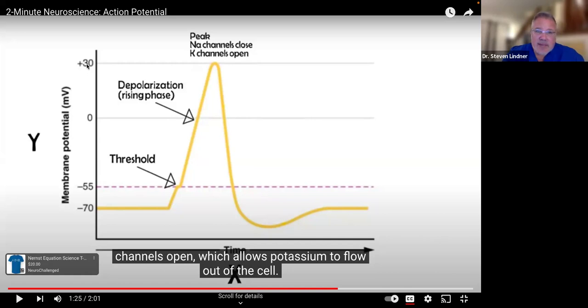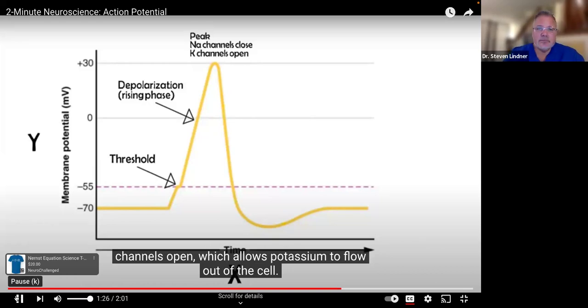But once it hits that positive 30, depolarization ends, the sodium channels shut, but now you've got potassium channels opening. It's the potassium channels that are quick to open but slow to close, which is why we start to dip and move in a more negative direction.